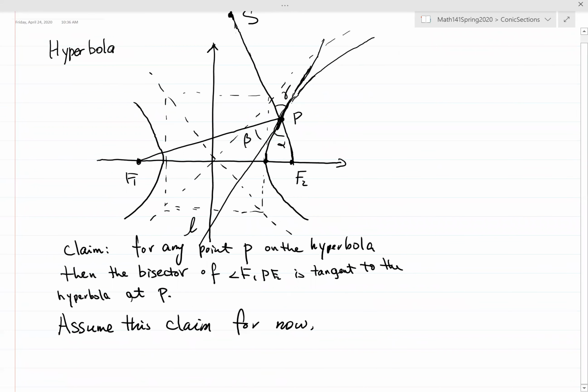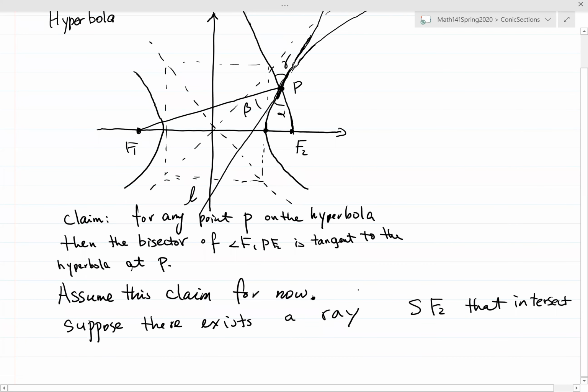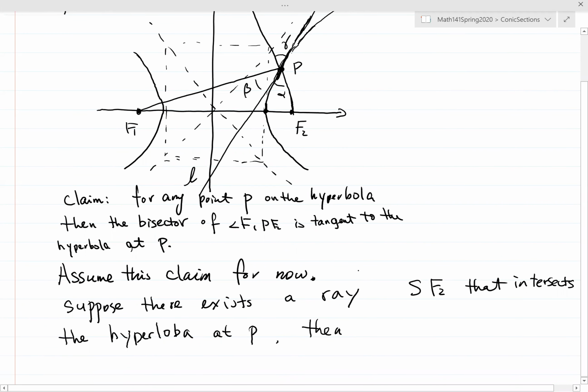Suppose there is a ray in the direction of SF2 that is reflected at the hyperbola at P. Then the tangent line is the bisector, so alpha equals beta.